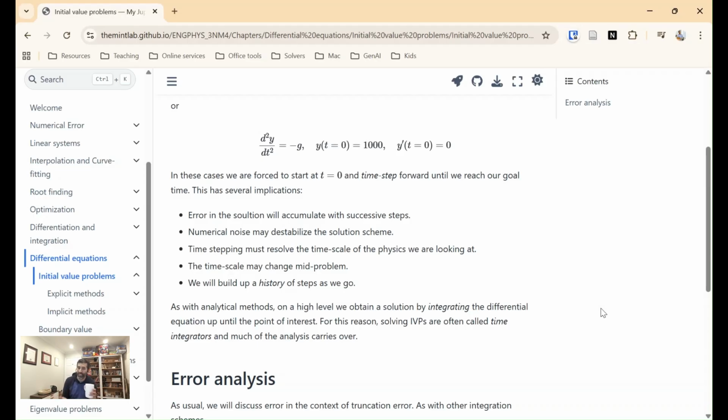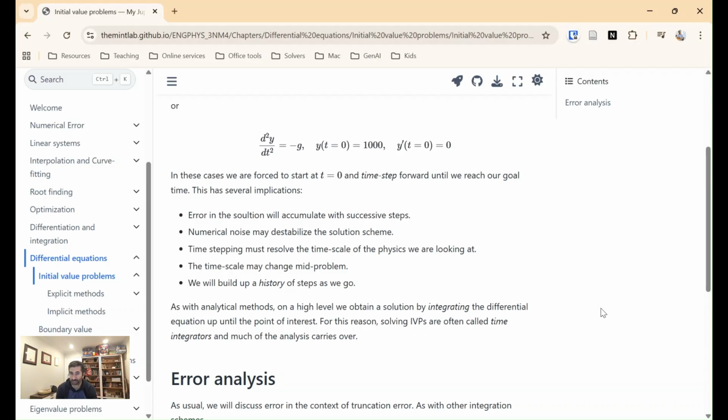They are waves. They do transport there, but it's not physics that we're interested in, so we can skip over those steps. Careful, careful, careful. Stability is going to come in and kick you in the teeth, right? But in general, we can ignore that because we don't care about it, though we have to be really careful when we do. The time scale may change mid-problem, which is a big surprise when it happens.